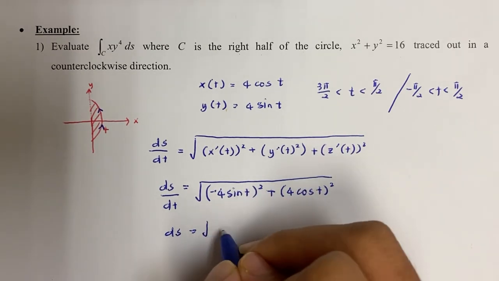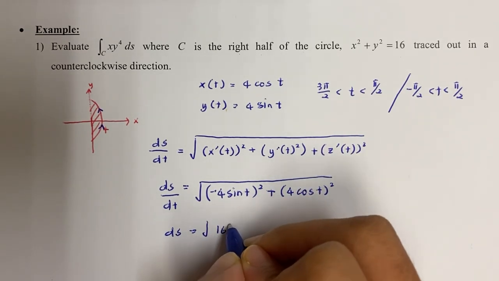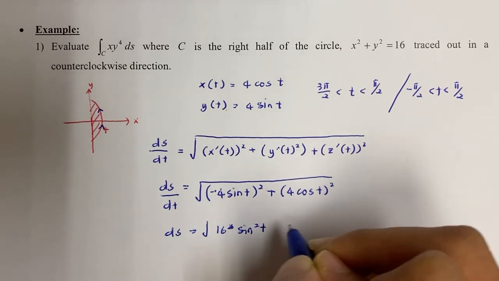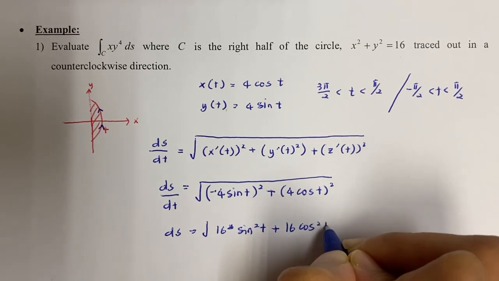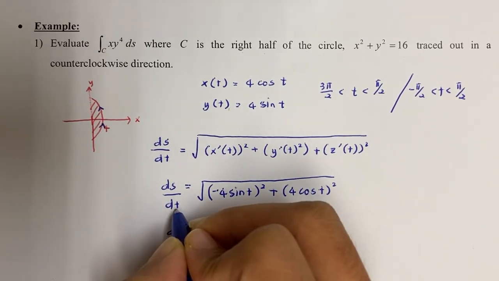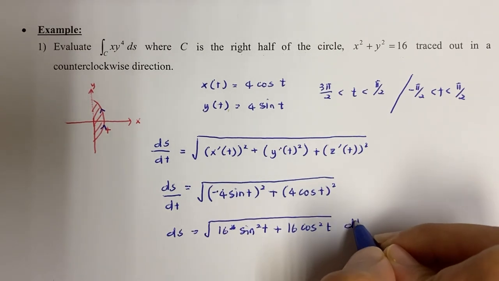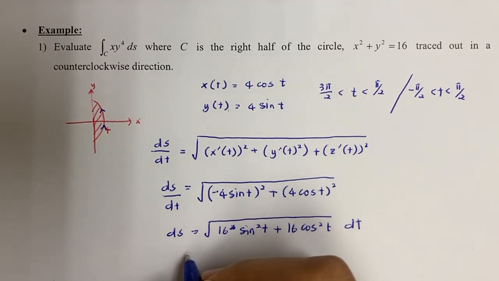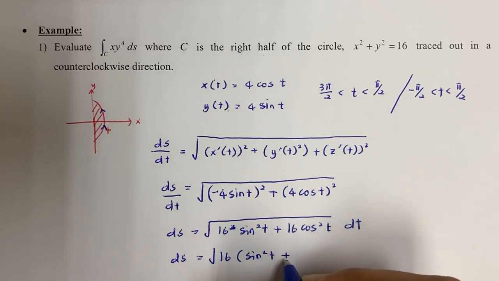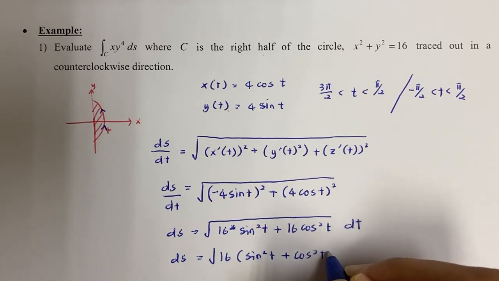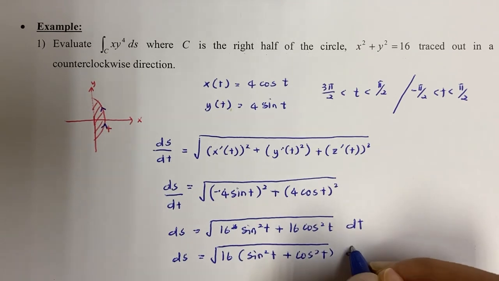So 4 square is 16: 16 sin square t plus 16 cos square t. Move dt here, so ds is equal to the square root of 16 (sin square t plus cos square t) dt.